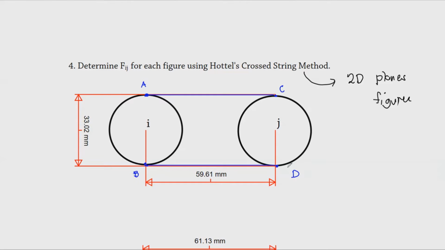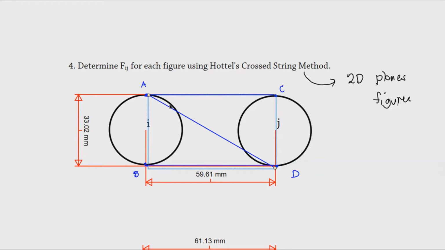By doing the edge-to-edge strings, I also have to add another string that connects the diagonal. If I draw a diagonal here, we could see that I can connect these two pins. But remember, in Hottel's cross-string method, we have to account for the shape of the figure.